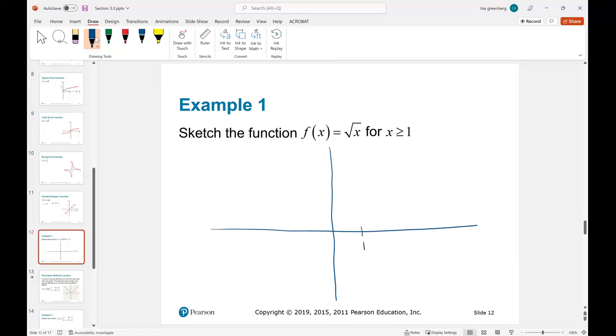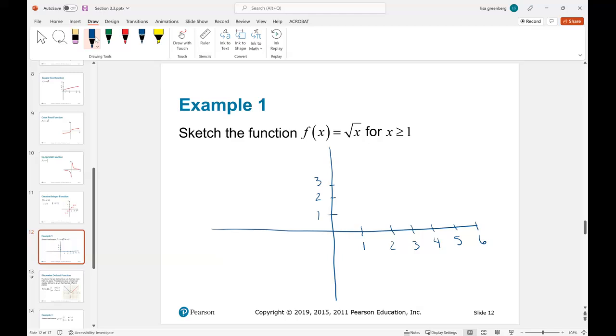Here's 1, and let's just make some lines: 2, 3, 4, 5, 6. I'm not going to need to go up that high. And we know that y can only be positive because the square root of x can only be a positive number, so I don't have to worry about what's below the x-axis.